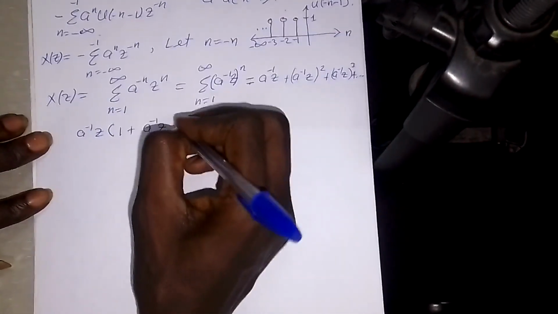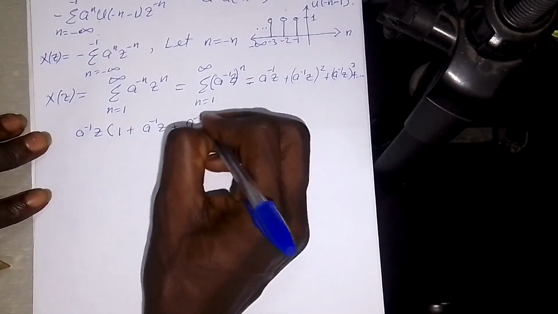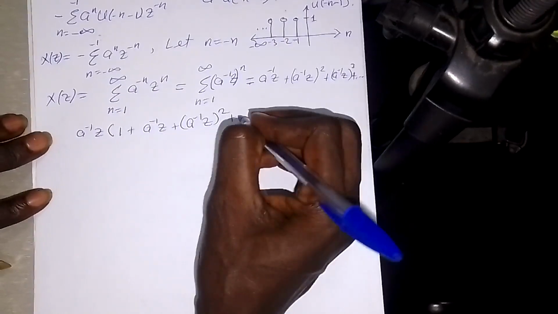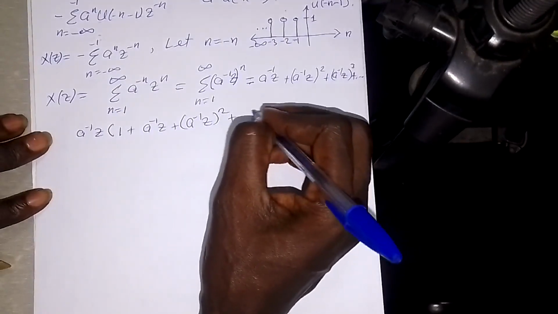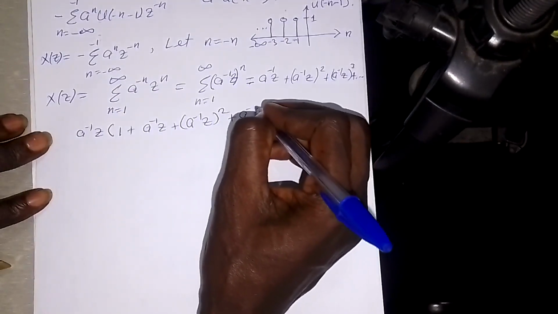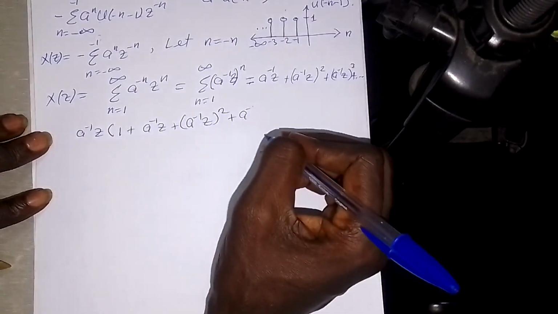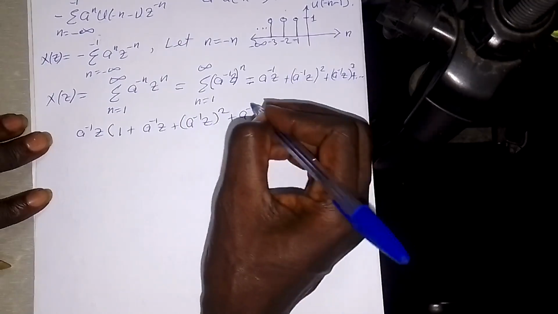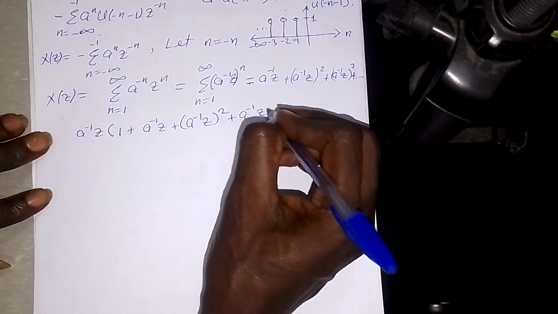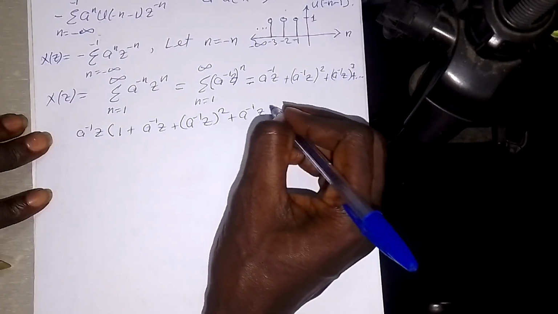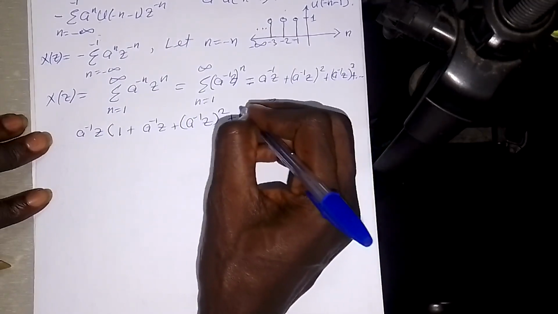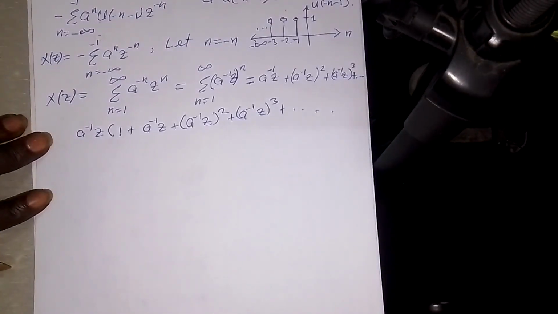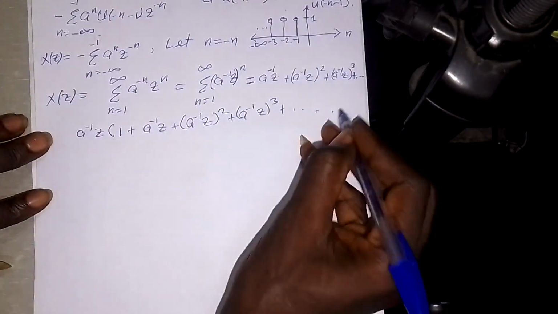Then here I will get A minus 1 Z all squared, and then plus A exponent minus 1 Z all cubed, and it goes on to infinity.